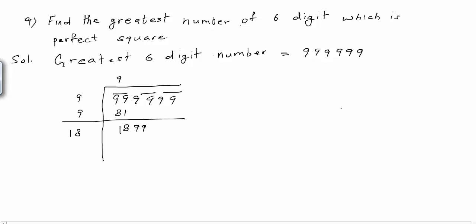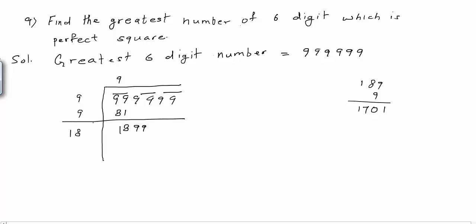Now I bring these two nines down, and if I put say 9, 189 into 9, let us see what we get. 9 nines are 81, 9 eights are 72, 72 plus 8 is 80, 9, 9 plus 8 is 17. So 1701. 1701 is smaller than this 1899.